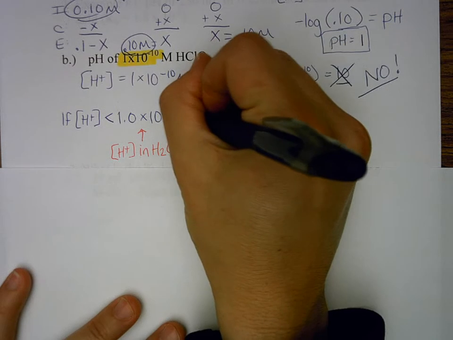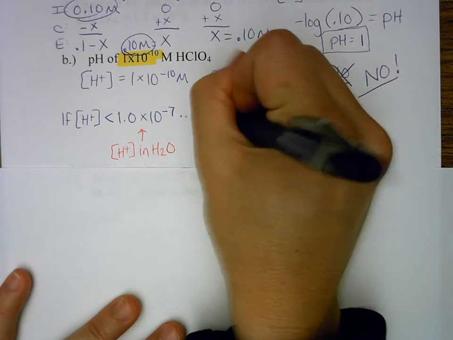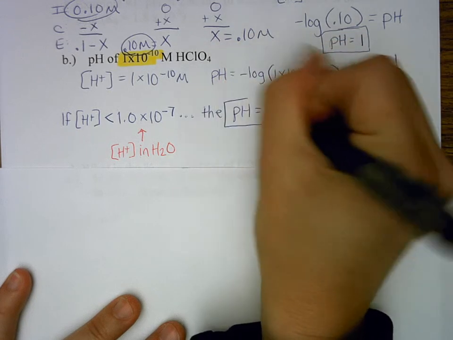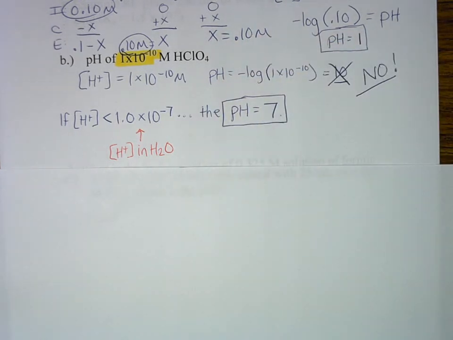So the pH just equals 7, which is a neutral pH. And so even though there is a little bit of that perchloric acid in there, it is not enough to even make a difference on the pH. It's basically like you just have water.